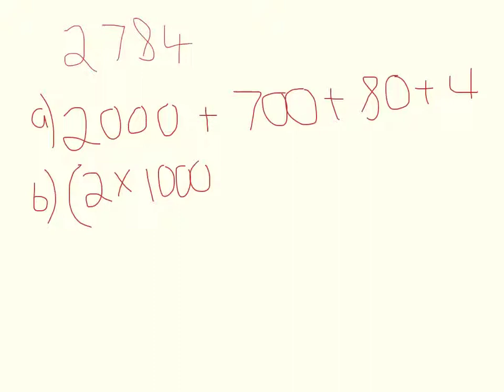The question reads, as the sum of multiplication expressions. Well, sum means add. So we have to add the other multiplication expression, which should be 7 times 100, that's 700. Plus another multiplication expression.